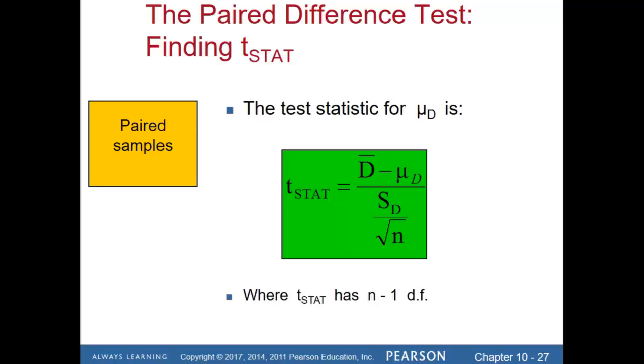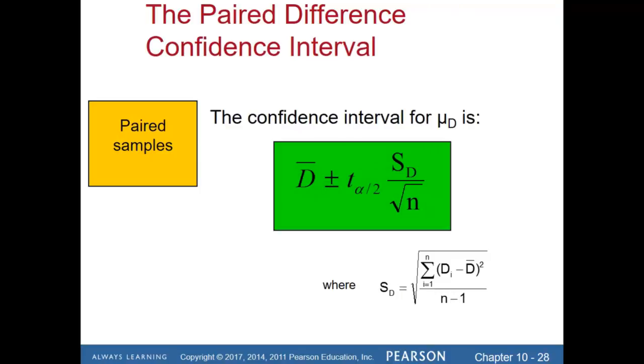We're going to take d bar, which is the mean of the differences, subtract our hypothesized mean of the differences, and then divide by the standard error of the differences that we get by taking the standard deviation divided by the square root of the sample size. And again, we're working with a t-distribution with n minus 1 degrees of freedom.